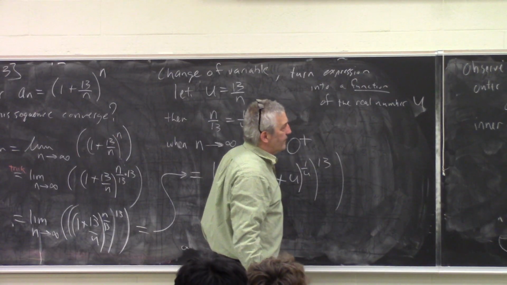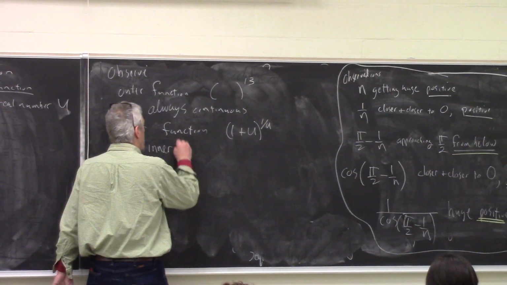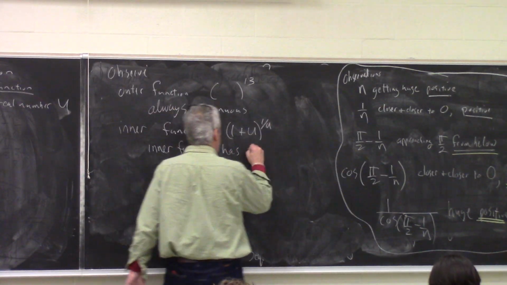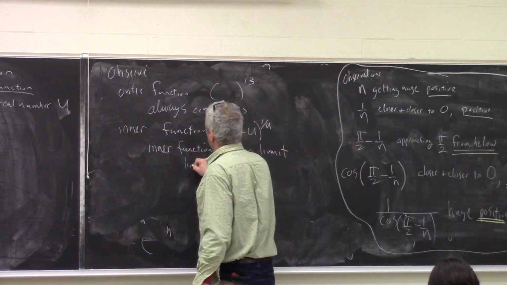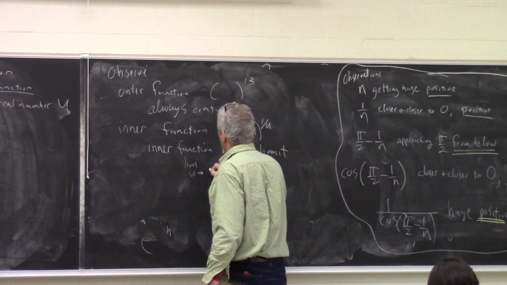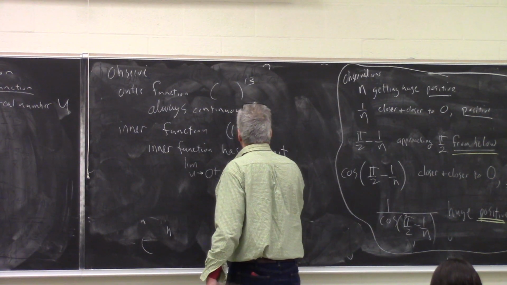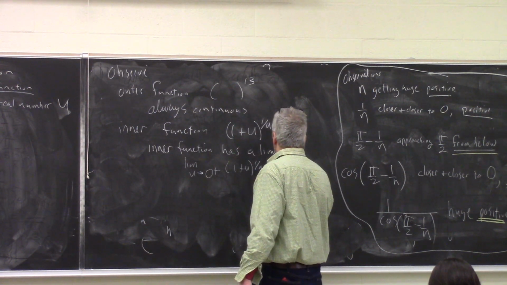So we have an inner function, and this inner function converges. The inner function has a limit. The limit as u goes to 0 of (1 plus u) to the 1 over u, we've seen from that review of Calc 1, is the number e.